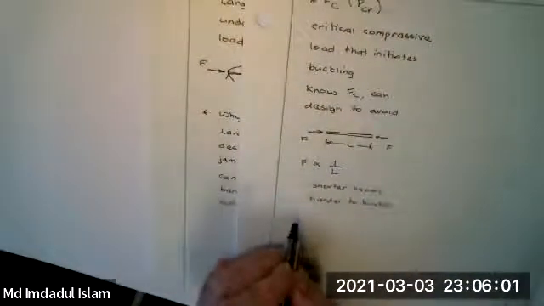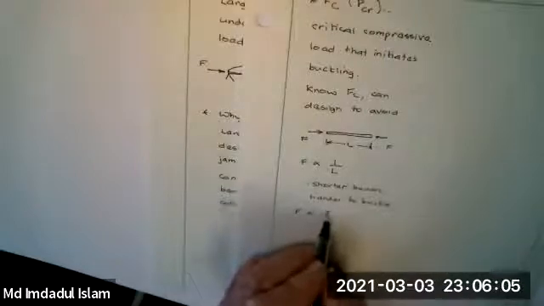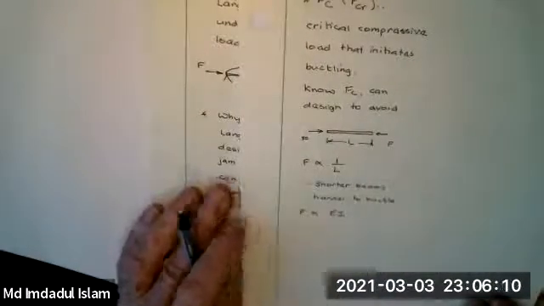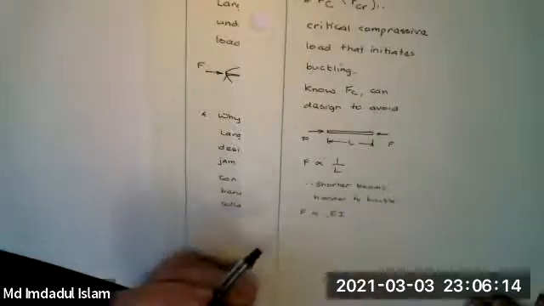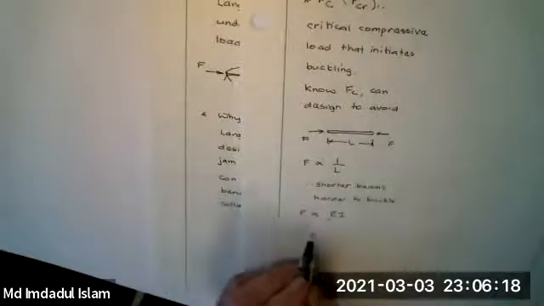You can also expect F to be proportional to the bending stiffness. EI is the bending stiffness. It depends upon the cross-section properties and the modulus of the material making it. And the stiffer it is, the harder it is to buckle.